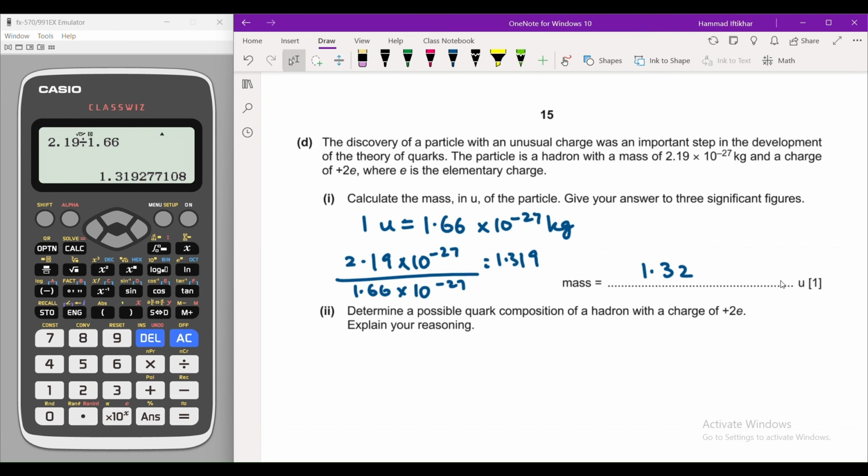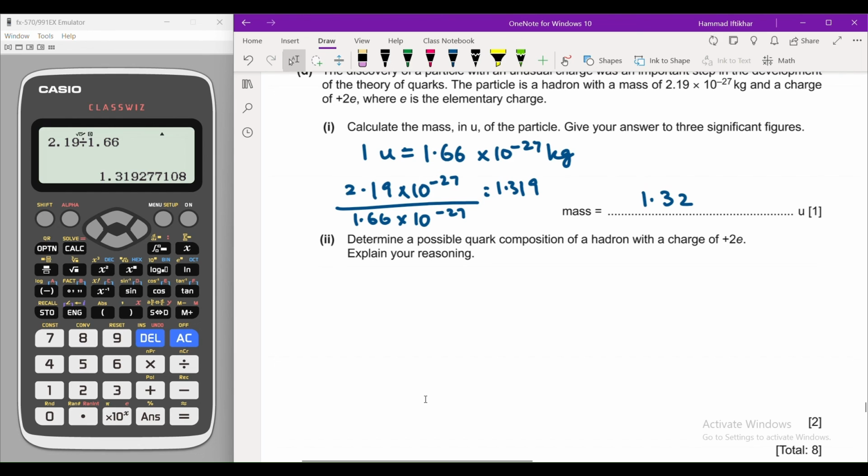u, atomic mass unit. Determine a possible quark composition of a hadron with a charge of plus 2e. Explain your reasoning. We know that a proton has u, u, d, up, up, down, which leads to the charge of plus 1e.